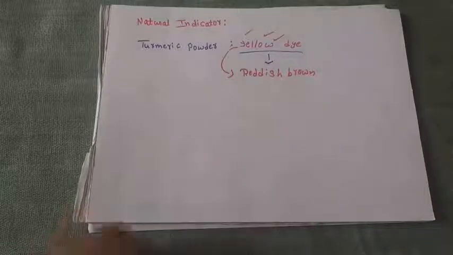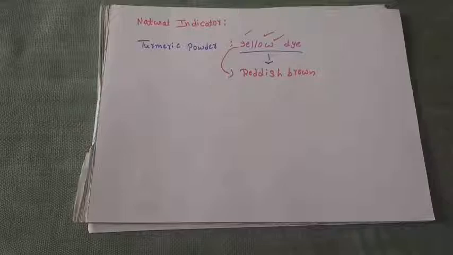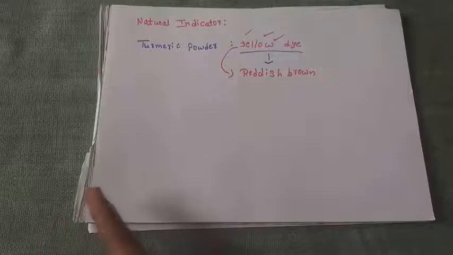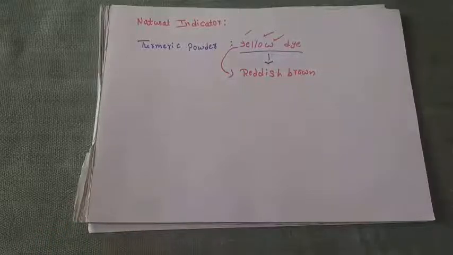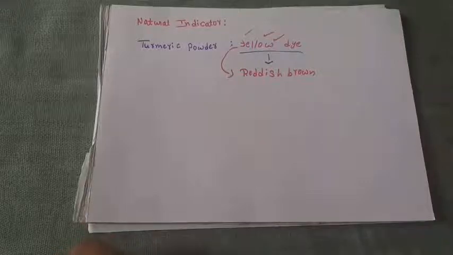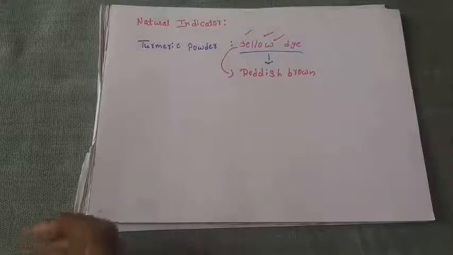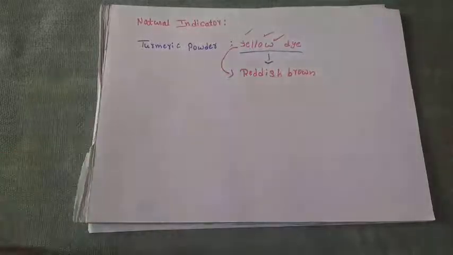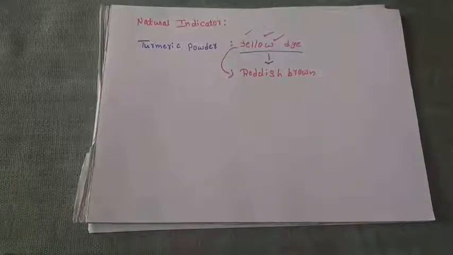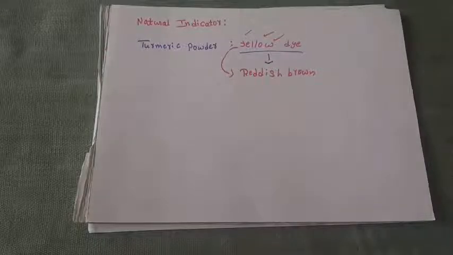Just observe today at home, when some curry falls on your white cloth, that yellow stain turns to reddish brown when you apply the soap. That soap is nothing but a base. Because of that, when you apply the base, the turmeric powder turns to reddish brown. That is because of the presence of turmeric powder and the soap you applied. This is one more natural indicator, that is turmeric powder.